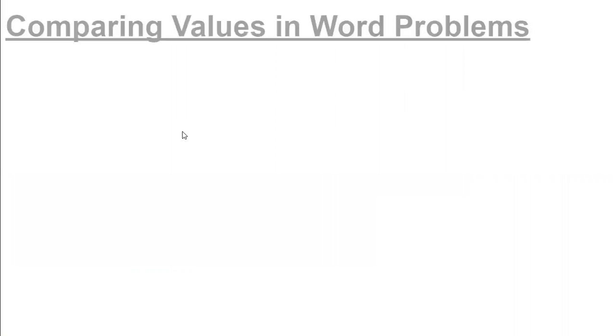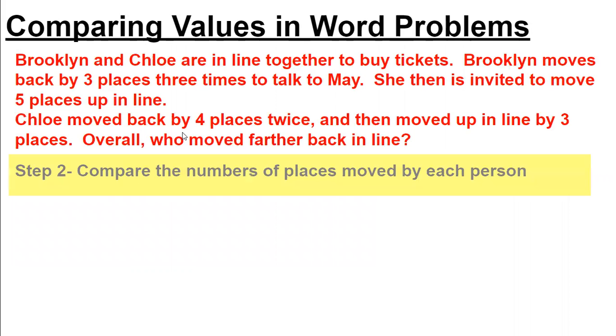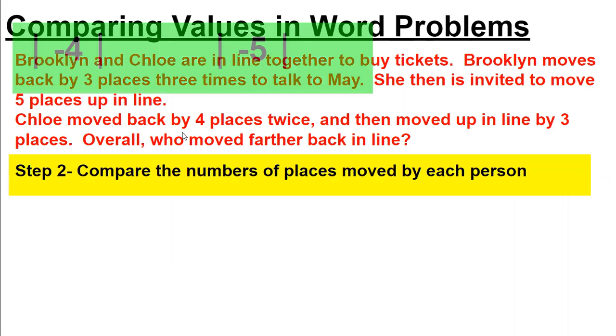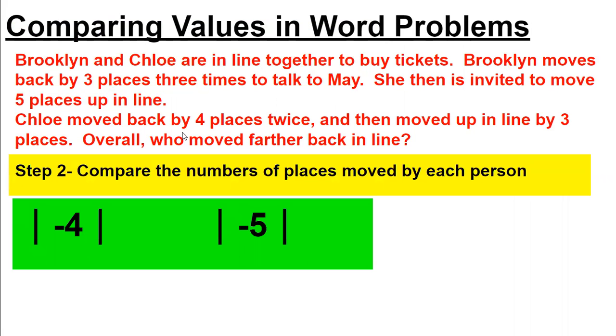Next step, same question. We're going to compare the numbers moved by each person. Compare the absolute values of the numbers. So it was Brooklyn and Chloe. The absolute value of -4 is going to be +4. And the absolute value of -5 is +5 because it's how far away from 0 the number is.